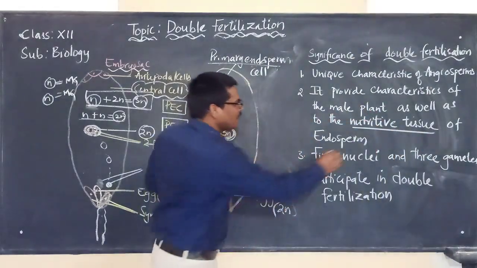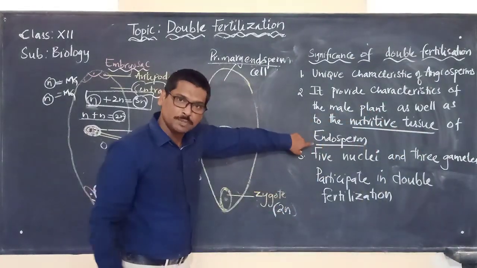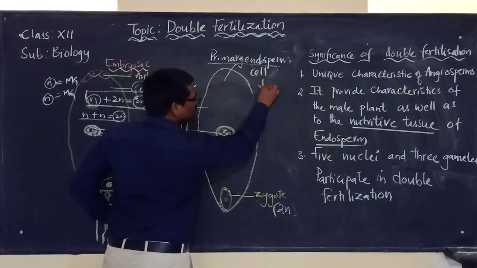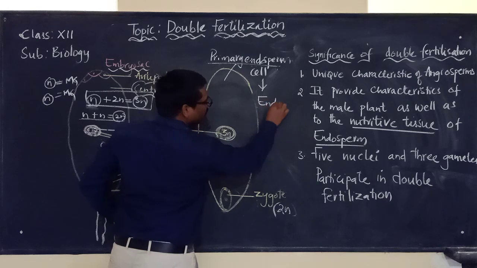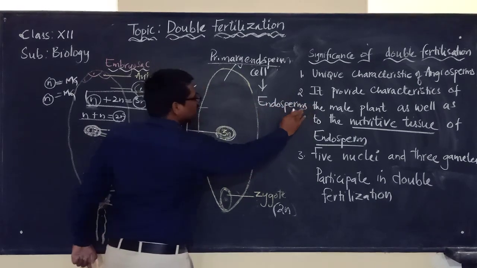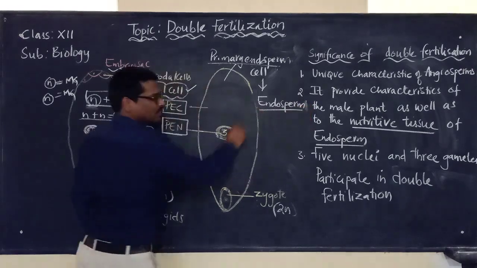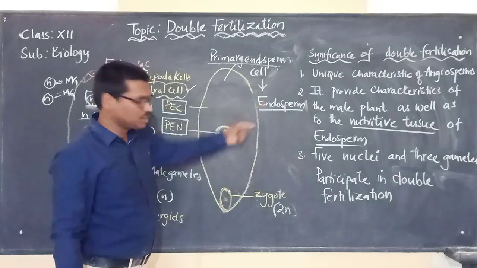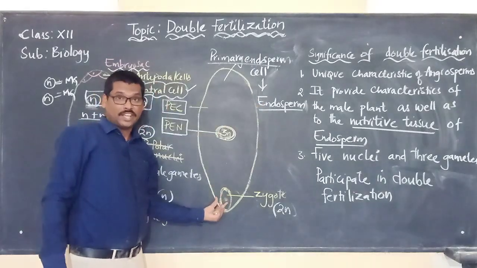Here it is nothing but the endosperm. How did this endosperm come into existence? It is the primary endosperm cell which grows into the endosperm, and this endosperm provides nourishment for the developing zygote.